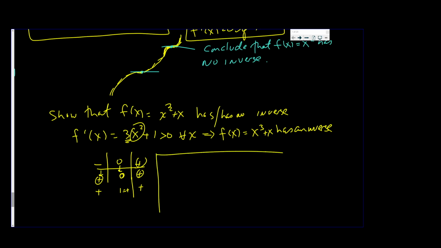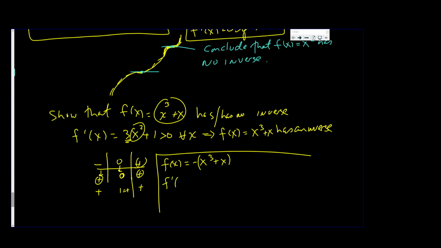How can you quickly, based on this problem in front of us, come up with an equation for an f of x whose derivative is always negative? Well, negate this. Say negative x cubed plus x.